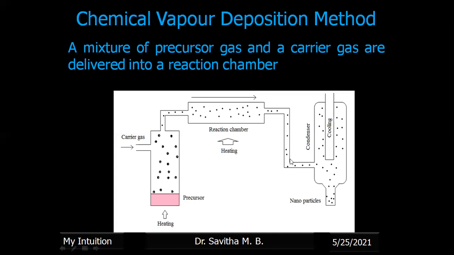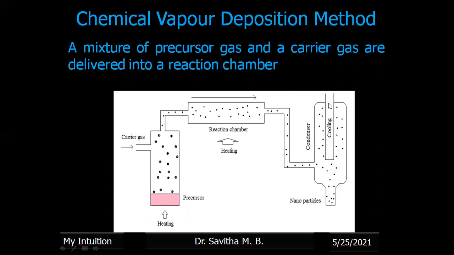This is taken to another chamber, the cooling chamber. When the entire thing is taken to the other chamber, the carrier gas will be taken out at the condenser for reuse. Now only the nanoparticle goes to the cooling chamber, where there is a cold finger.